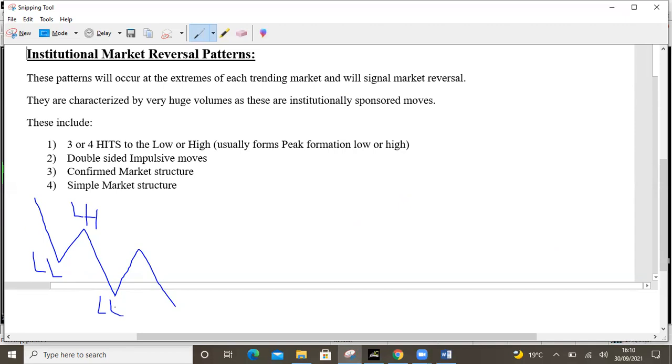So after this second lower low, you're going to wait for the market to give you this lower high. And it is at this point that you will get into the sell trade. So this is the point where you will sell.